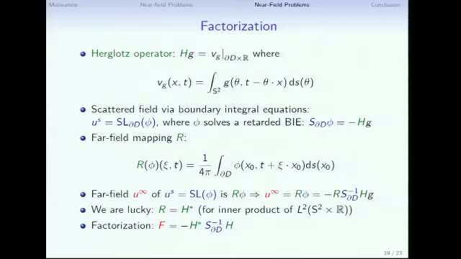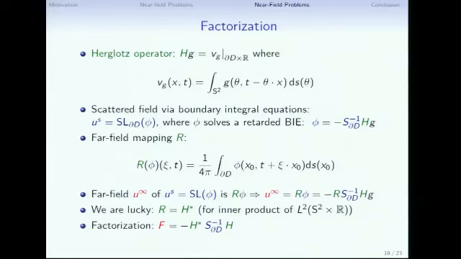The scattered field is found by boundary integral equations. So u^s is a single layer potential. The phi has to satisfy a retarded boundary integral equation, which you can just write like that because the inverse to the single layer operator exists. I already showed you how to compute the far field of such a single layer potential.